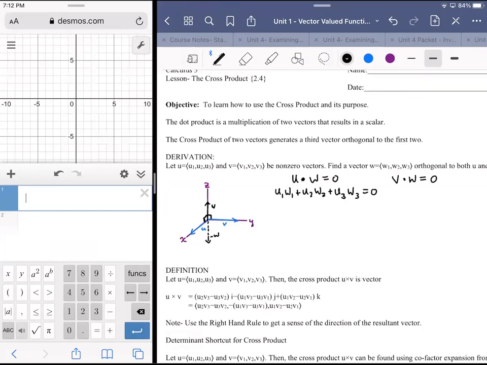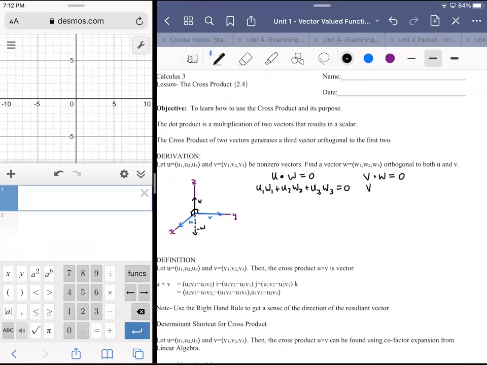And then all the same stuff just with V's. So V1 W1 plus V2 W2 plus V3 W3 is equal to 0. Then what we'd have to do is solve this system of equations for W1, 2, and 3.